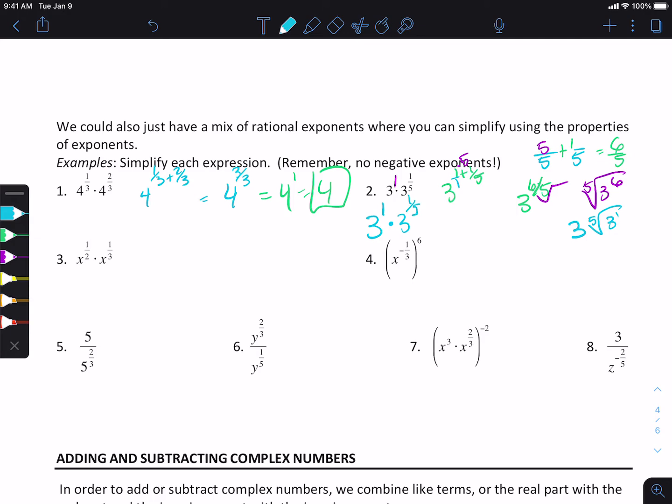Right? So if we do the 3 to the first, then that's just 3. And then we have times by 3 to the 1/5, which I can write as the 5th root of 3. Right? So all of those are fine answers that you can get, which we could also write as 3 times 3 to the 1/5.